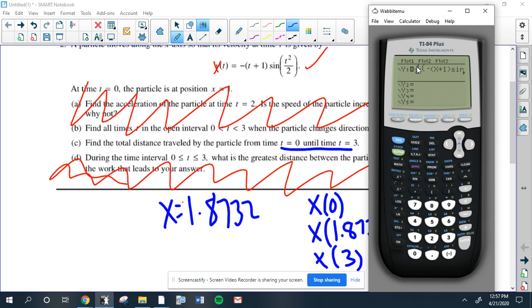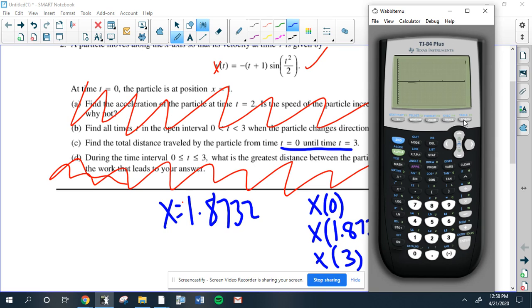let me get rid of this d/dx, and there we go. That's now my position function. Except I got rid of the negative, it looks like. Insert that back in.